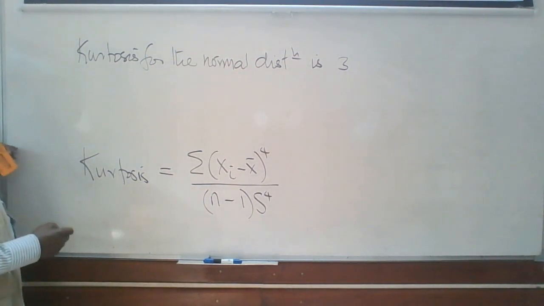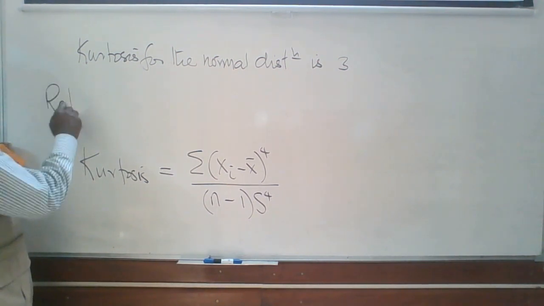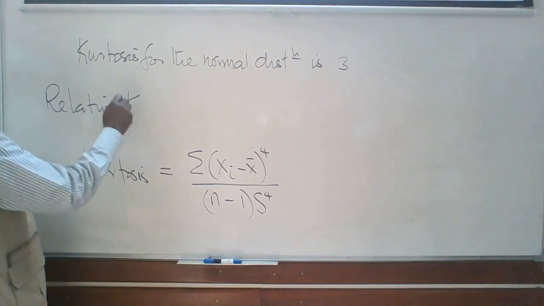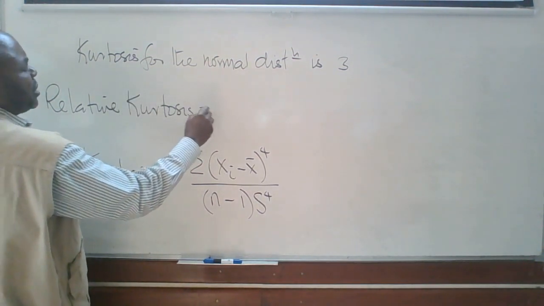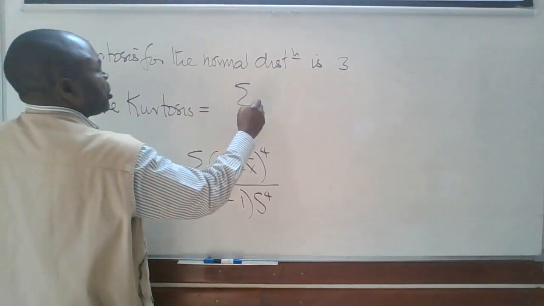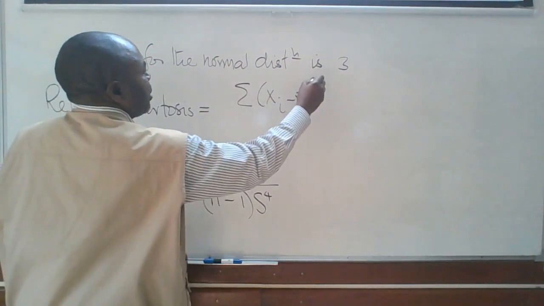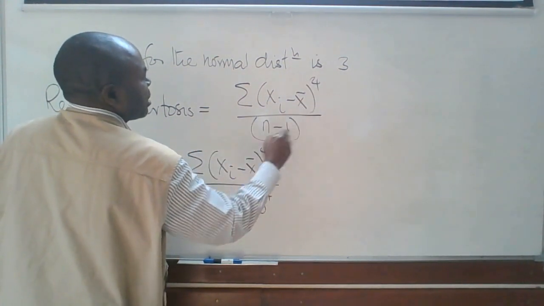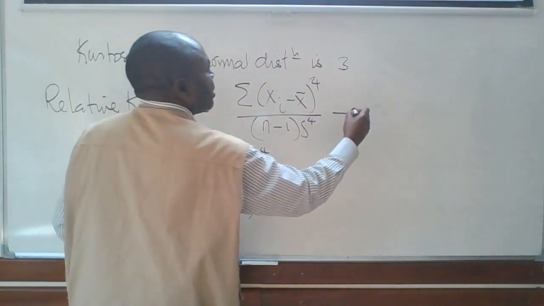So if we want to define relative kurtosis, we simply say relative kurtosis is equal to the summation of xi minus x bar to the power 4 divided by n minus 1 times s to the power 4, minus 3.